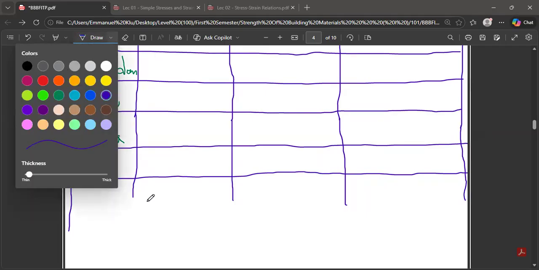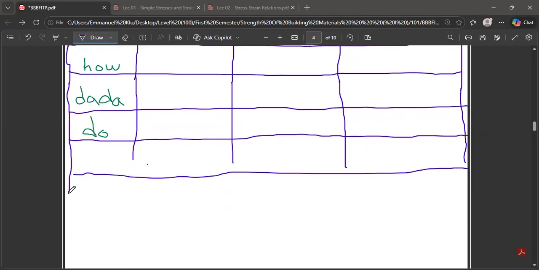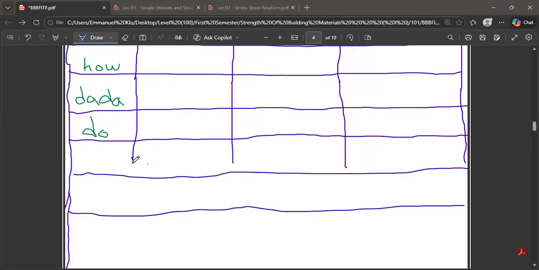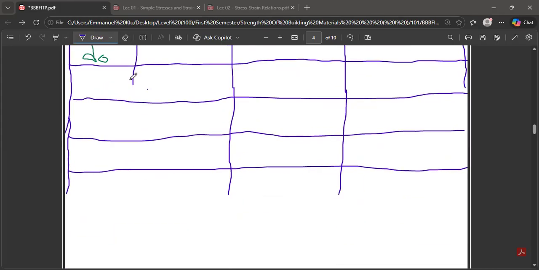I think we need more lines. Let's see. Okay.